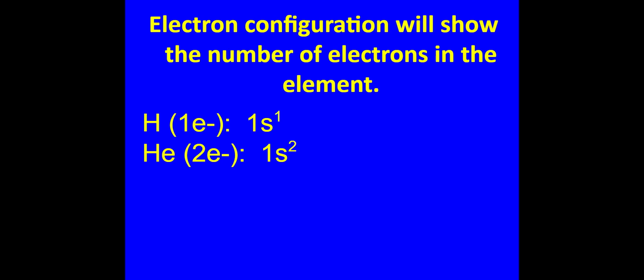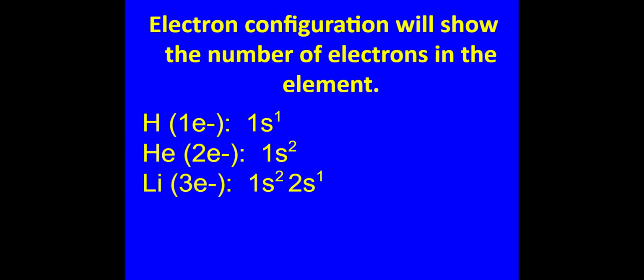The order of doing this is to always, always, always fill the 1s level first. So 1s2, this subshell is now full. This orbital is full, and helium behaves like the other noble gases. It's happy and content. It doesn't want to lose electrons, and it doesn't want to gain electrons.